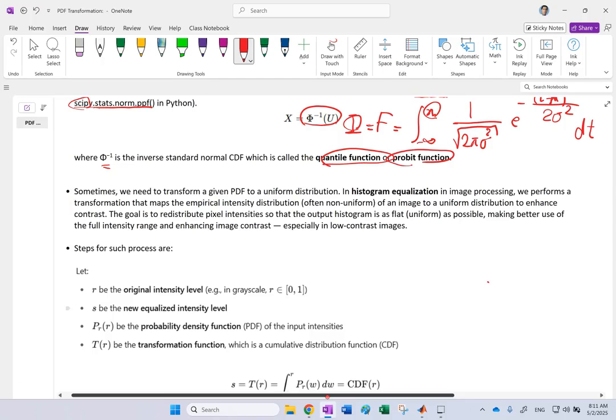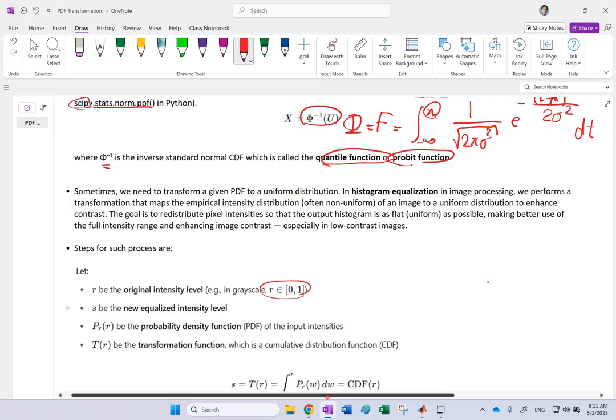If you look at a grayscale image, each pixel has some intensity. These intensities could be from 0 to 255, or you can normalize them to be between 0 and 1, where 1 means very bright, basically white, and 0 means a black pixel, with shades of gray between them.